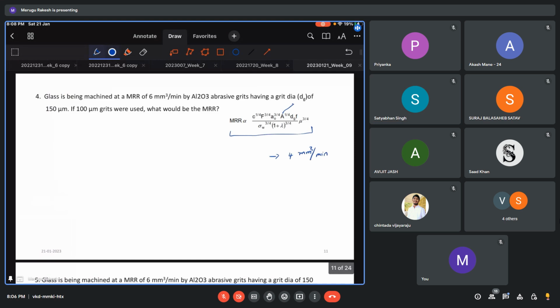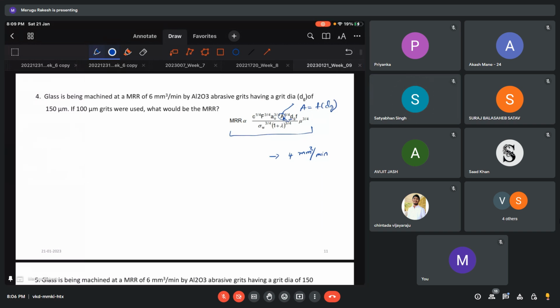I'm not quite sure, but maybe there are some elements, say some area or other factors, in which DC is combined. Suppose A is a function of DC, something like that. So it is not directly proportional.